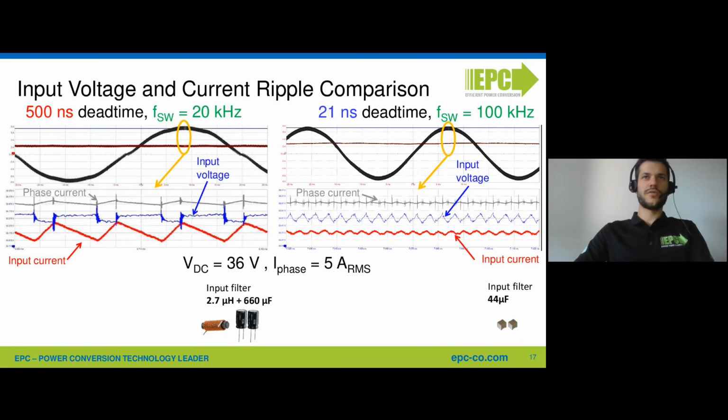So in the case of the 100 kilohertz modulated inverter, just two small 22 microfarad capacitors are used, multi-layer ceramic capacitors, while in the case of the 20 kilohertz inverter, not only larger through-hole electrolytic capacitors are necessary, but also a filter inductor was necessary to have this kind of smooth input voltage waveform.